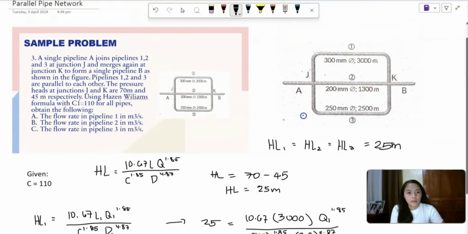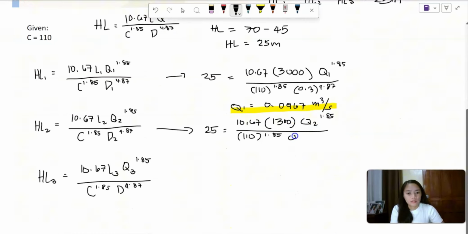Then the diameter of pipeline 2 is 200 millimeter, or equivalent to 0.2, raised to 4.87. So for Q sub 2, shift solve in the calculator, we can get 0.0523 cubic meter per second. So we already got the flow rate in pipeline 2.